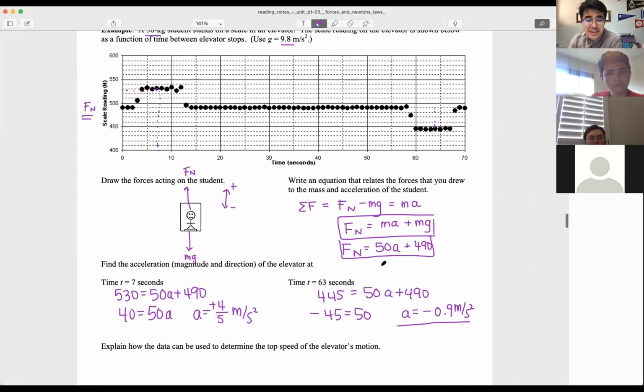So now this is the physics part, which you'll see on a free response question. Explain how the data can be used to determine the top speed of the elevator's motion. Any thoughts there? So we have this force graph over time.